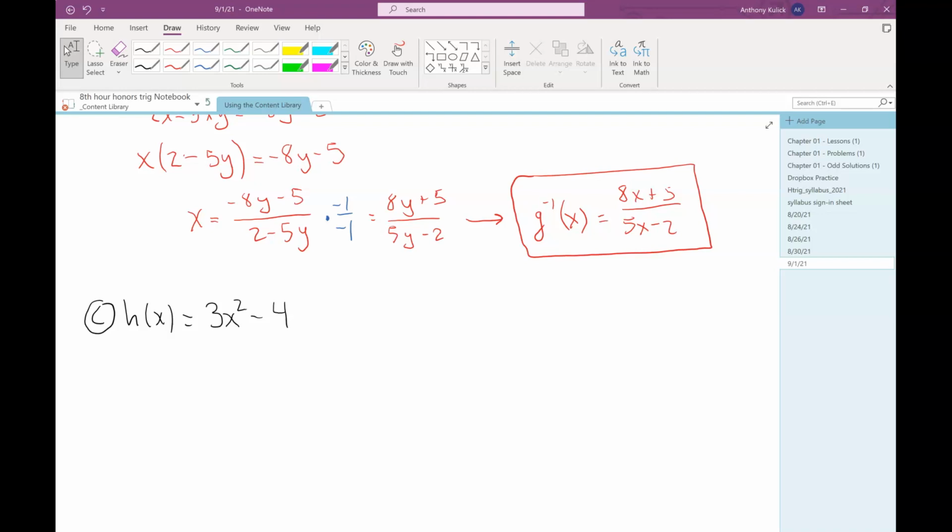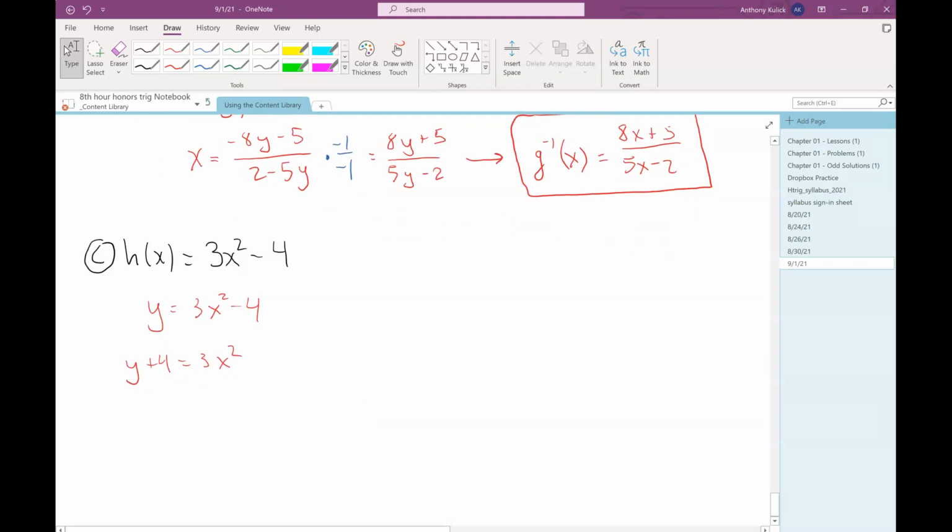Okay. We'll start by making this y equals. And to get the x by itself, what should I do first? Yeah, add 4 to both sides. Then what? Divide by 3. And then what?